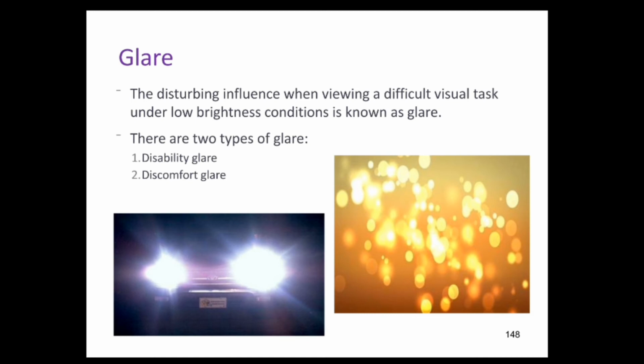The disability glare will be basically caused due to the condition of the eyesight or the age of the viewer or his capability to visualize the object. And second is the discomfort glare, which will be caused due to the incident beam light or the flashlights onto the eyes of the driver.